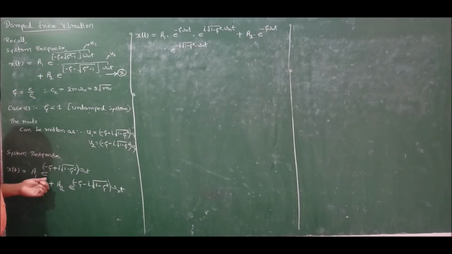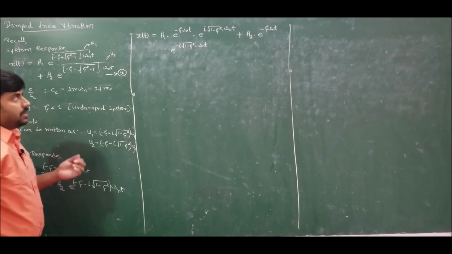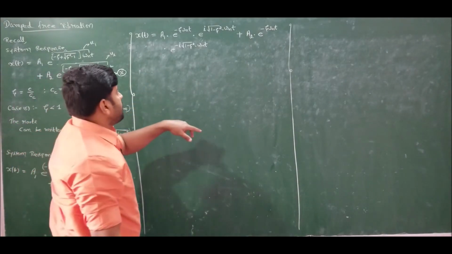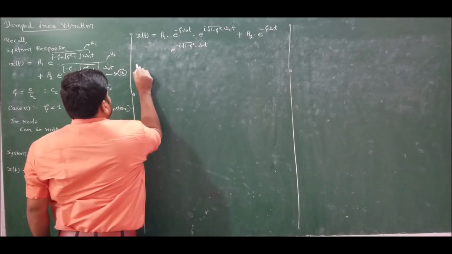Am I correct? This is of the form e to the power of a plus b, which is nothing but e to the power of a into e to the power of b. Now throughout I can take e to the power of minus zeta omega n t common.